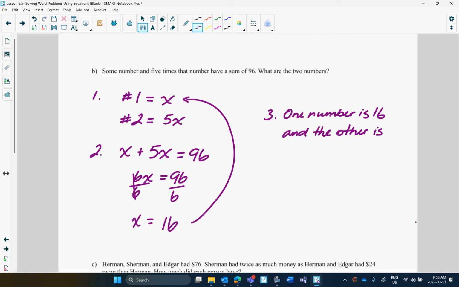Don't I find it by doing 5 times 16? Right? Yes. I have to do 5 times 16, which is 80. Oh, okay, yeah. Yeah, that'll work too.